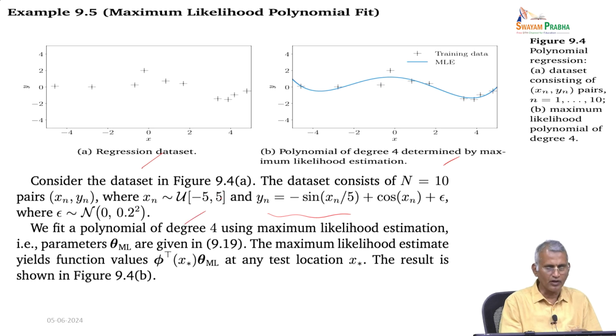So, we fit the polynomial of degree 4 using maximum likelihood estimation with parameter theta ml given. So, the maximum likelihood estimate yields the function phi transpose of x star times theta ml at any test location. So, this result shows in figure B.